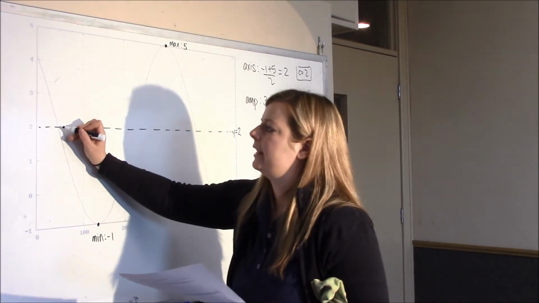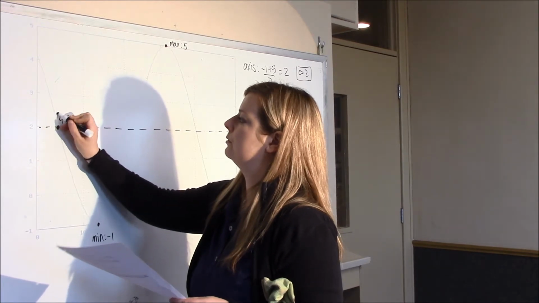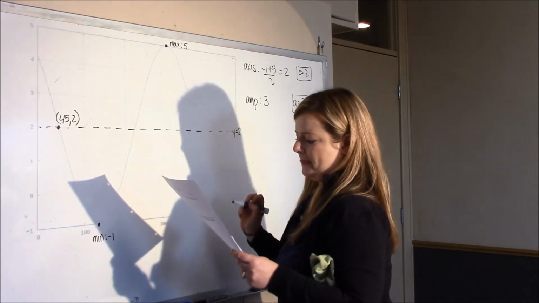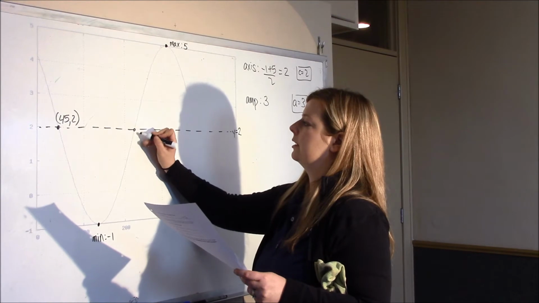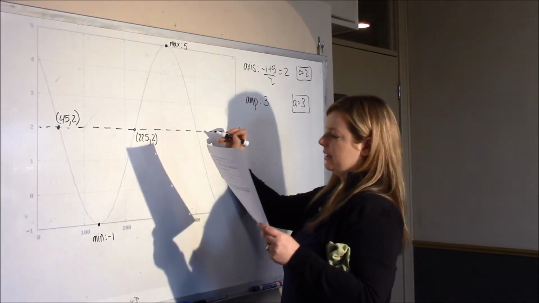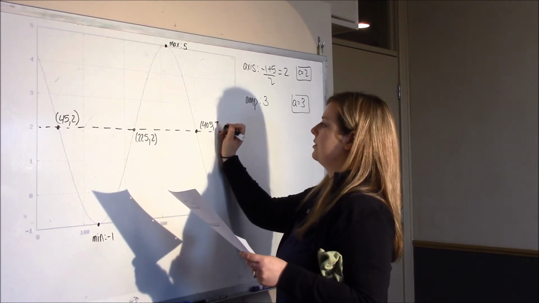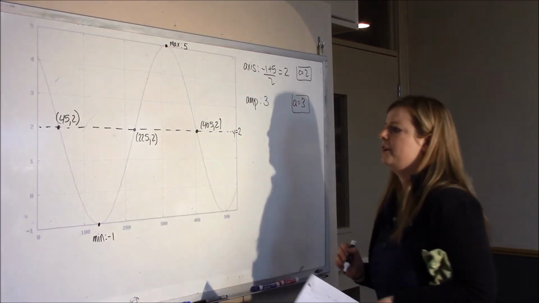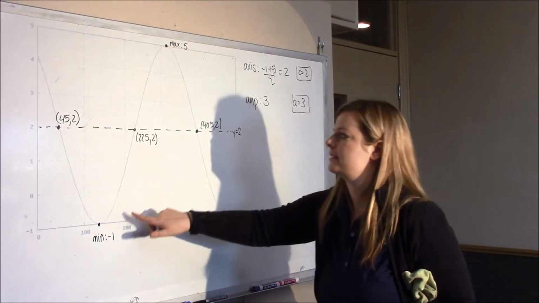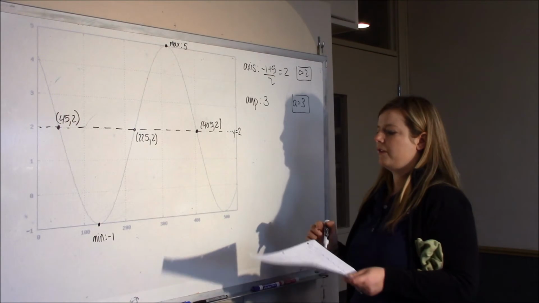So this coordinate here is 45, 2. This coordinate here is 225, 2. And this coordinate here is 405, 2. So actually we do have an entire cycle that goes from 45 to 405.